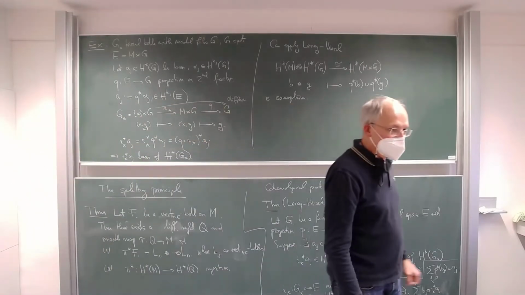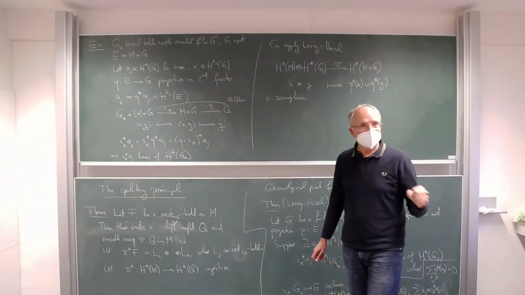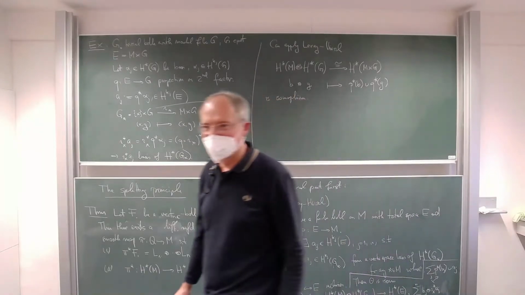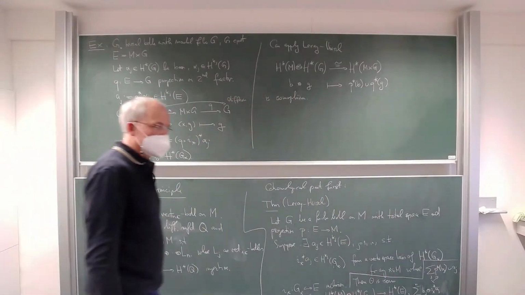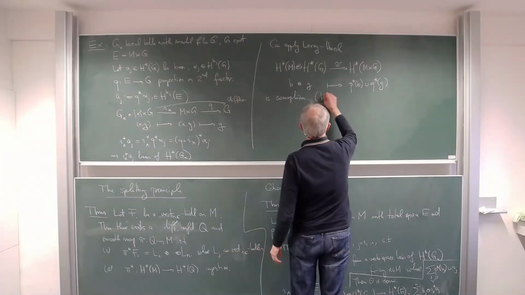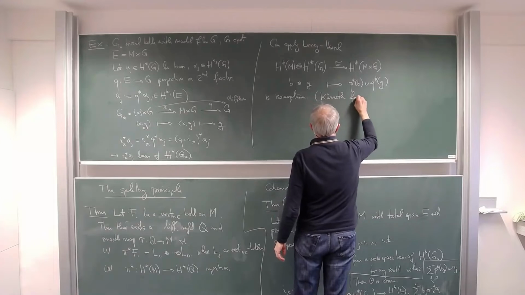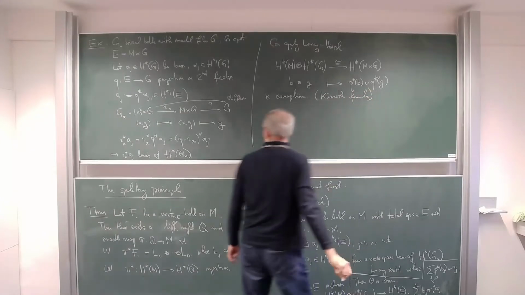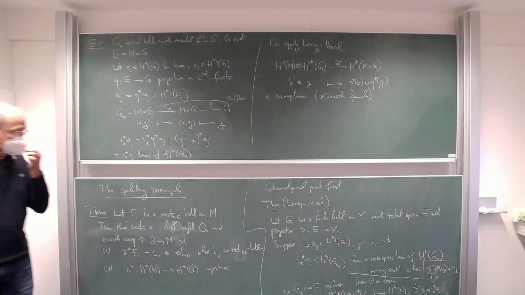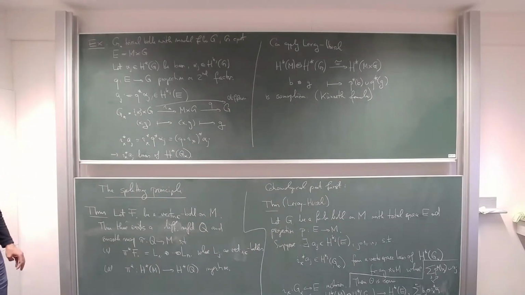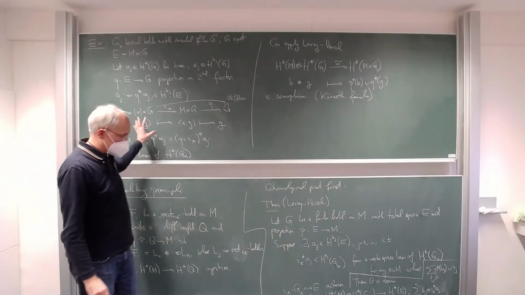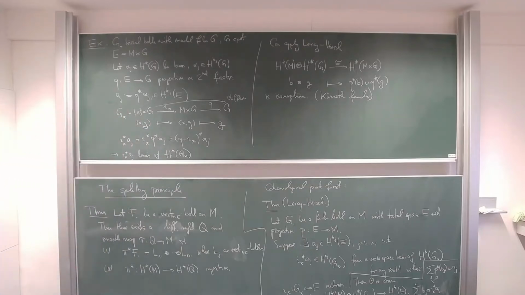You're now thinking, oh yes, I remember that, but I just don't get to the name. It's known as the Künneth formula. So in this sense, the Leray-Hirsch theorem is a generalization of the Künneth formula. The Künneth formula is the case of a trivial bundle.